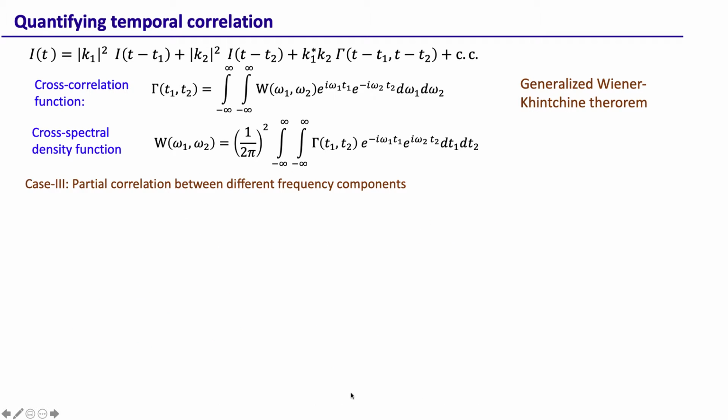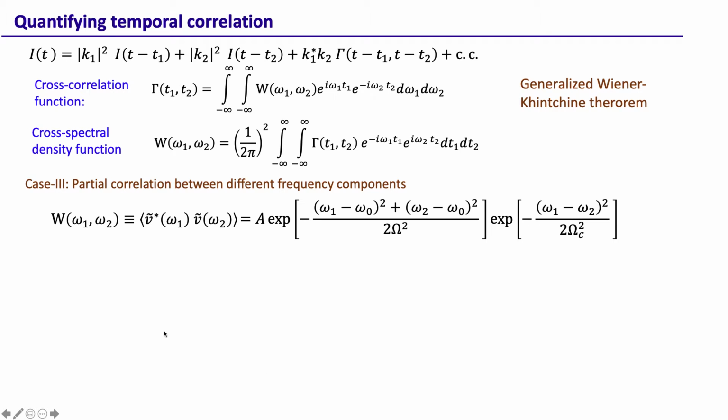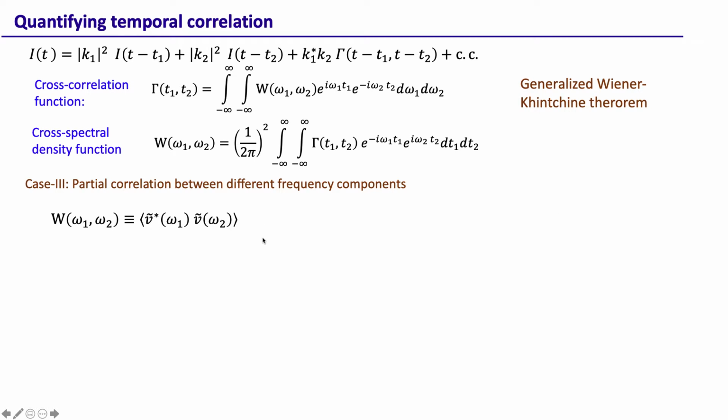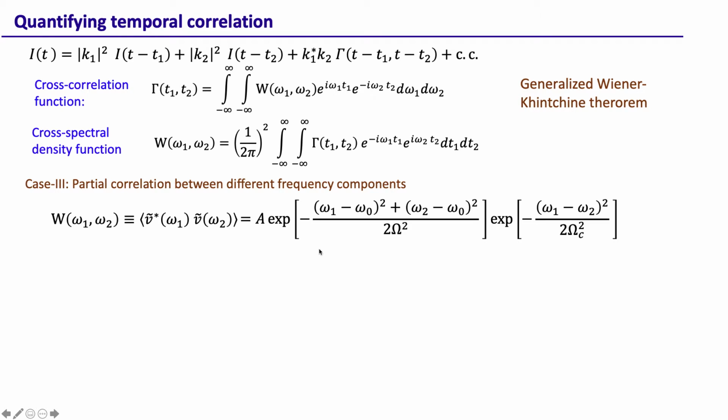But we can have an intermediate case when different frequencies are partially correlated. This is a vast topic. I am not going to go into it, but I will just show one example of such a case. For example, if the cross spectral density function, which is defined as this, has this functional form, then this actually represents correlation of every type.